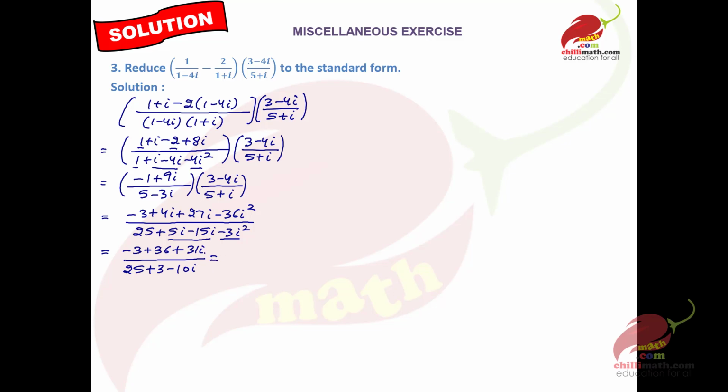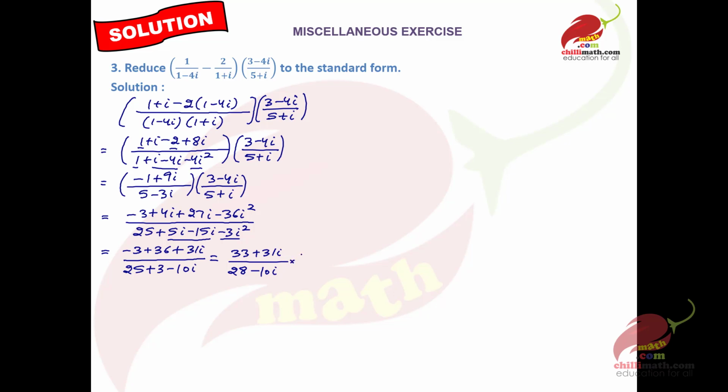On solving this, 36 minus 3 is 33 plus 31 iota over 28 minus 10 iota. But this is not the standard form because iota is there in the denominator.